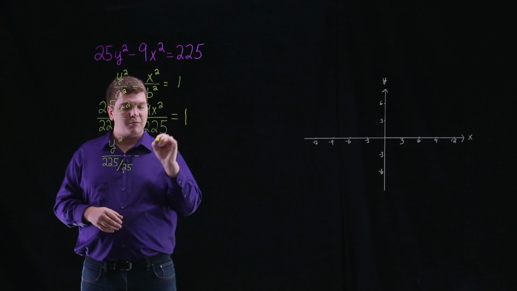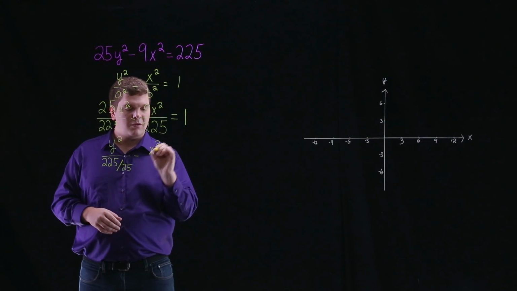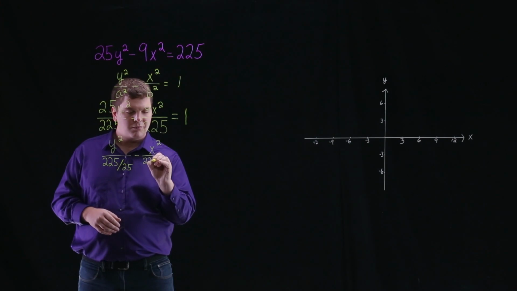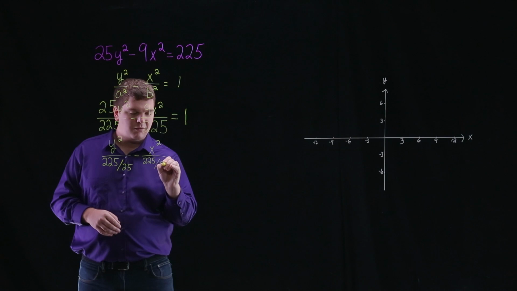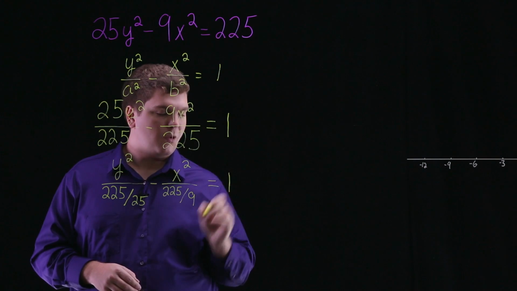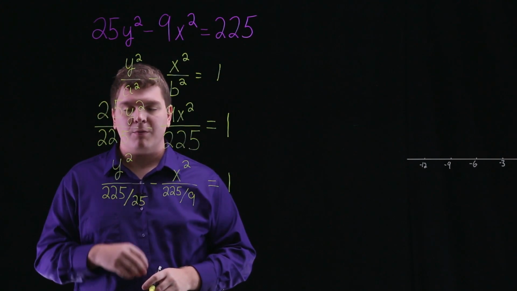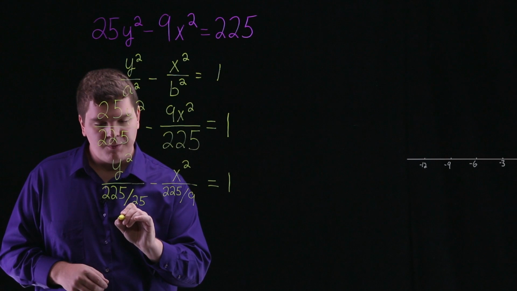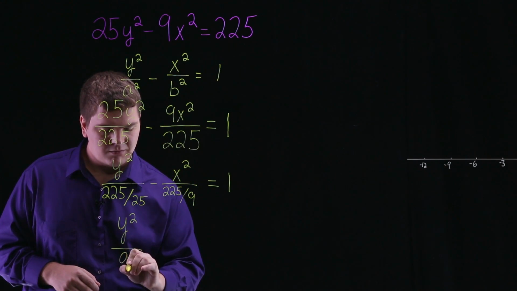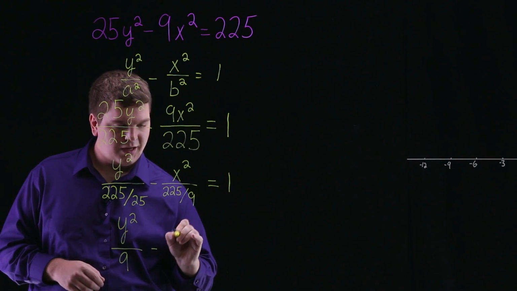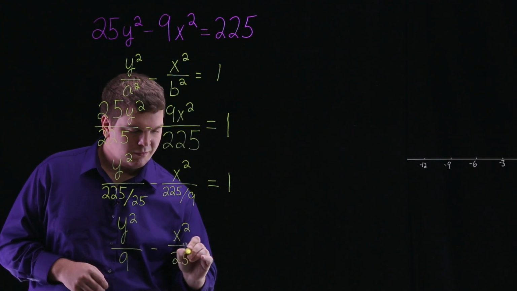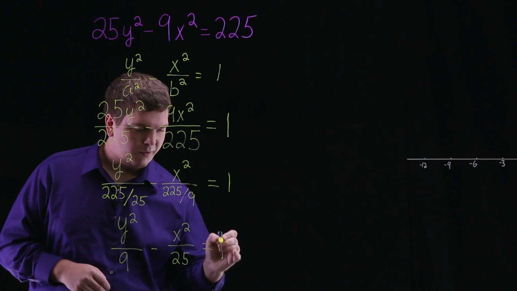So we're going to rewrite this term as x squared divided by 225 divided by 9. And this is still equal to 1. Now we can simplify, and this is equal to y squared divided by 9 minus x squared divided by 25 is equal to 1.